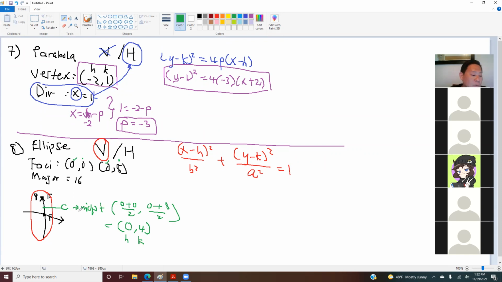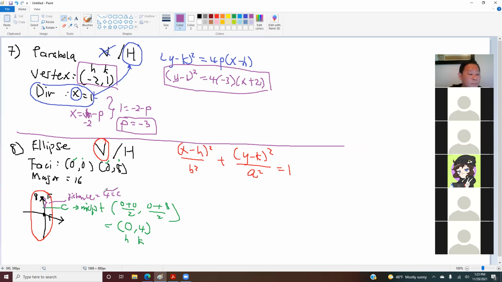Since we know the center is (0, 4), we need to find the distance between your focus point and your center. Since this is (0, 4) and this is (0, 8), the distance in this case is 4. That is your c, because that is the distance from the center to the foci.